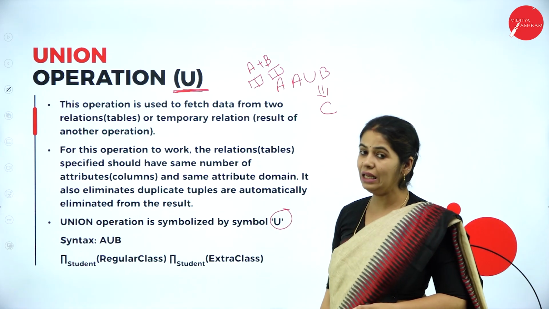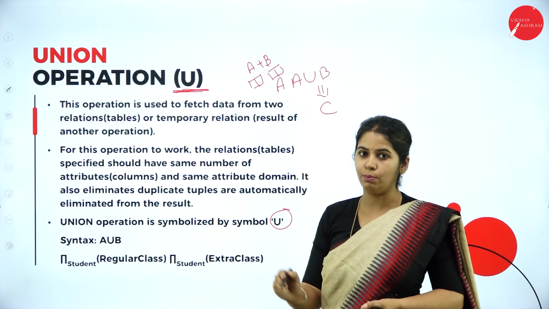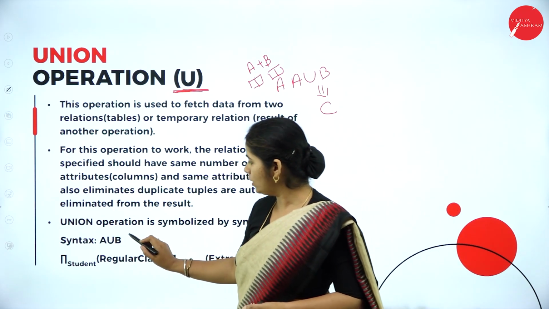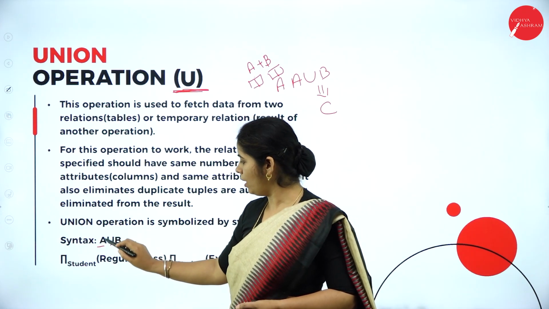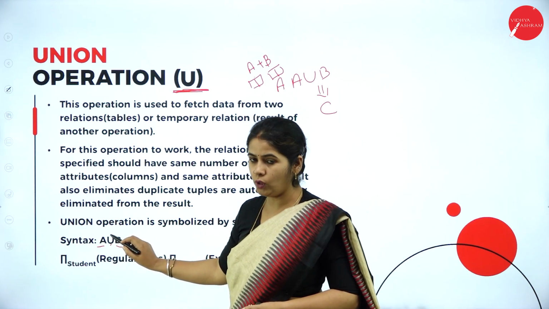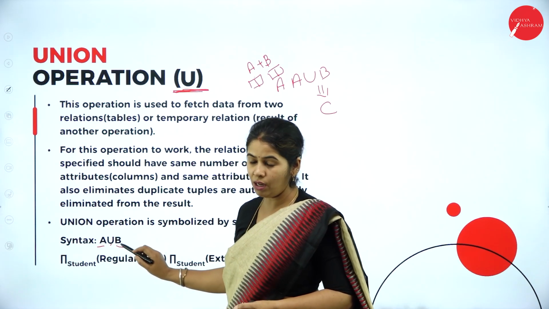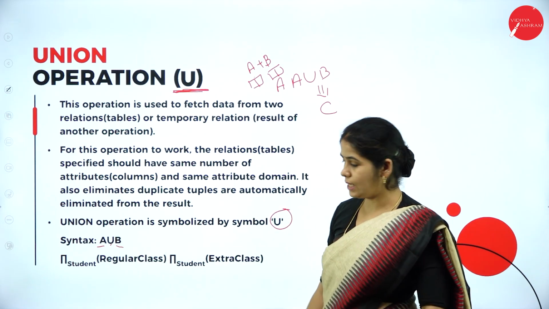How do we represent a union operation? By the symbol U. And what will the syntax be? A union B. A is one table, and we are doing the union operation with the table B. So here we have an example.